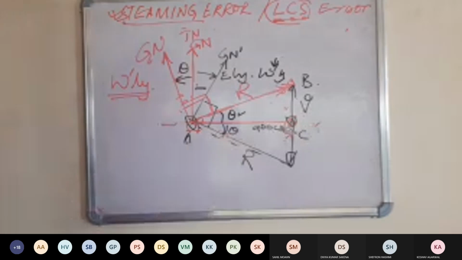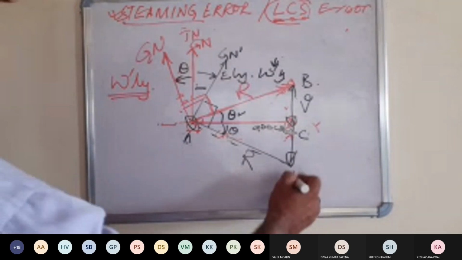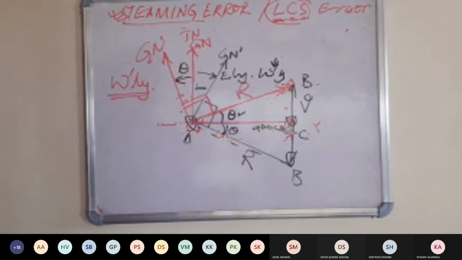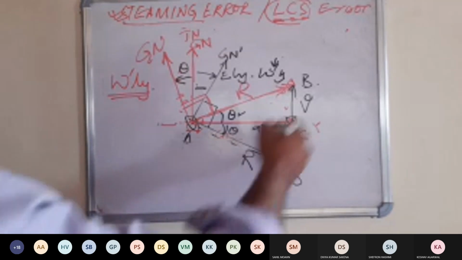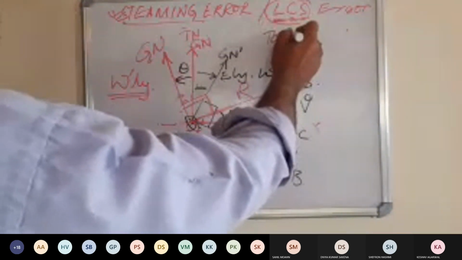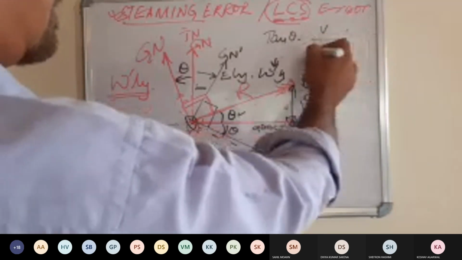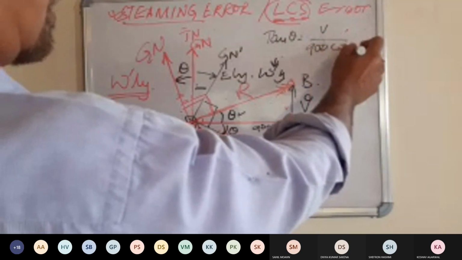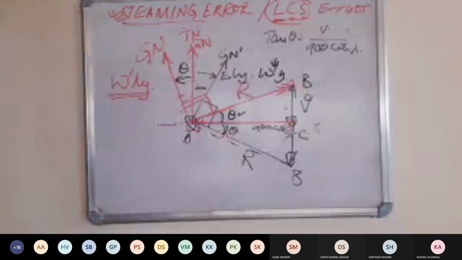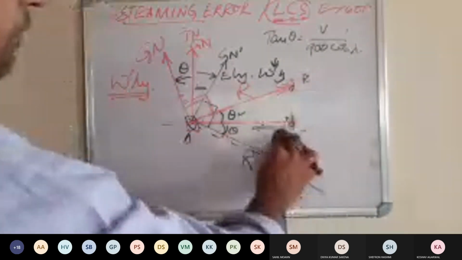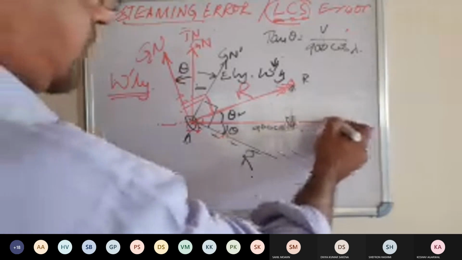Again, you have the same 90° angle, right angle triangle. You can find out the value of this theta. Again the same, tan theta is equal to V by 900 cos latitude. Correct? So what is our understanding that we are taking? Ship will not go only north and south. She can go easterly.